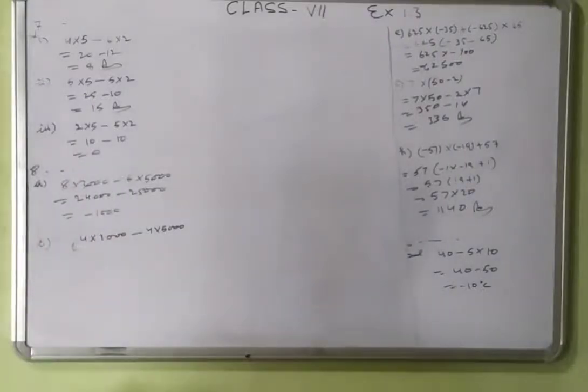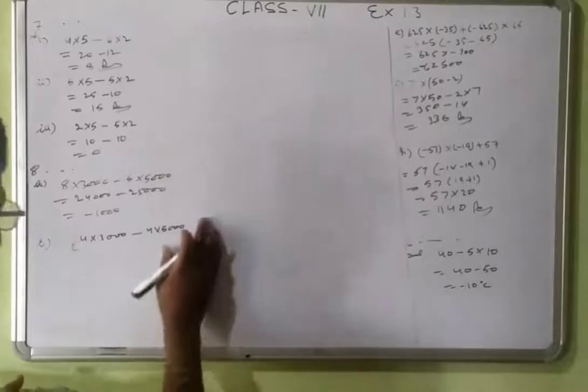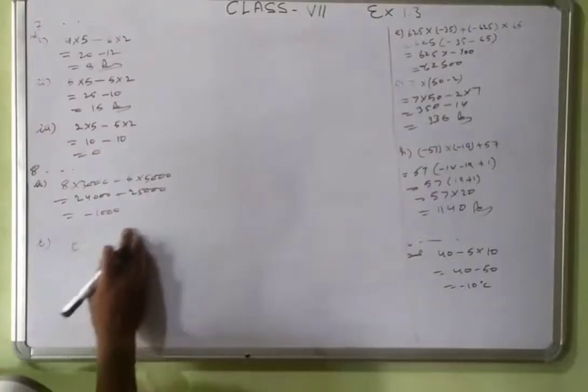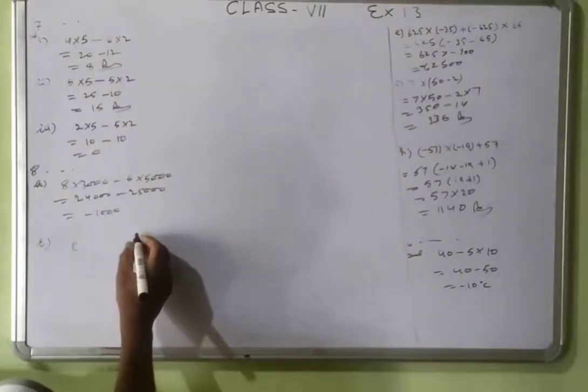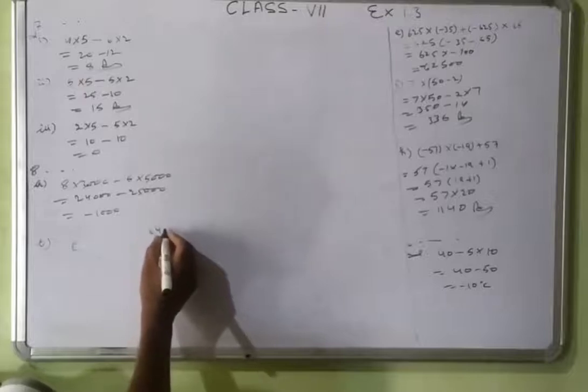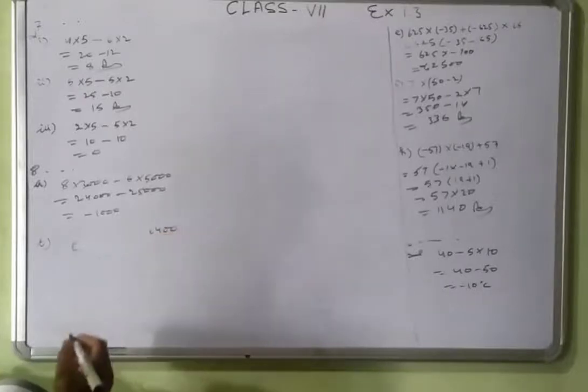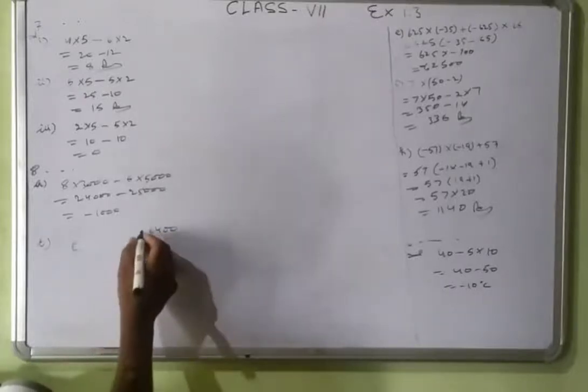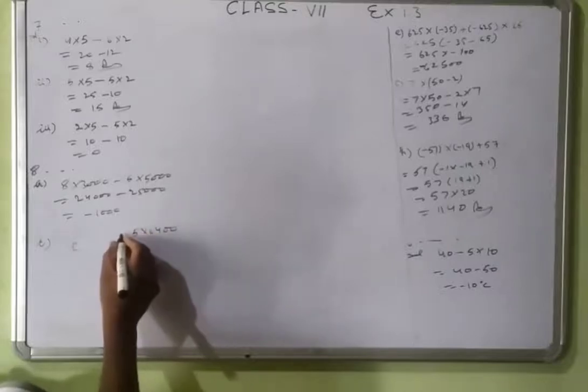Just wait. It must have neither profit nor loss if the number of grey bags sold is 6400. That is 6400 bags. This is the grey bag, that is a grey bag 5.